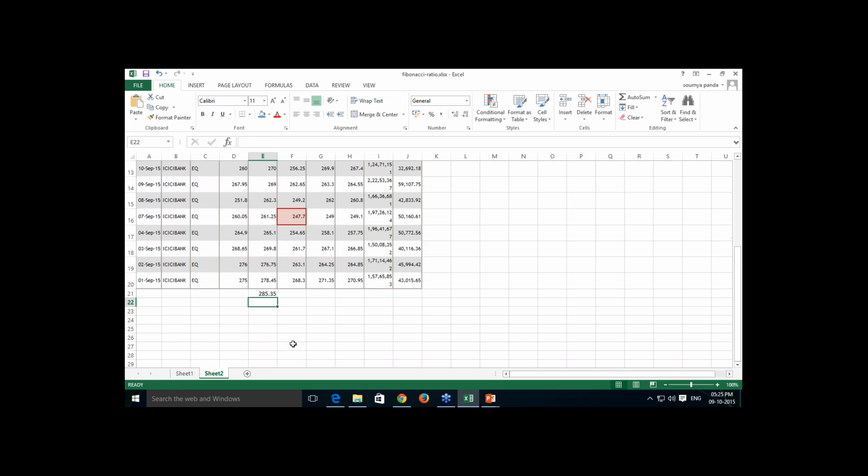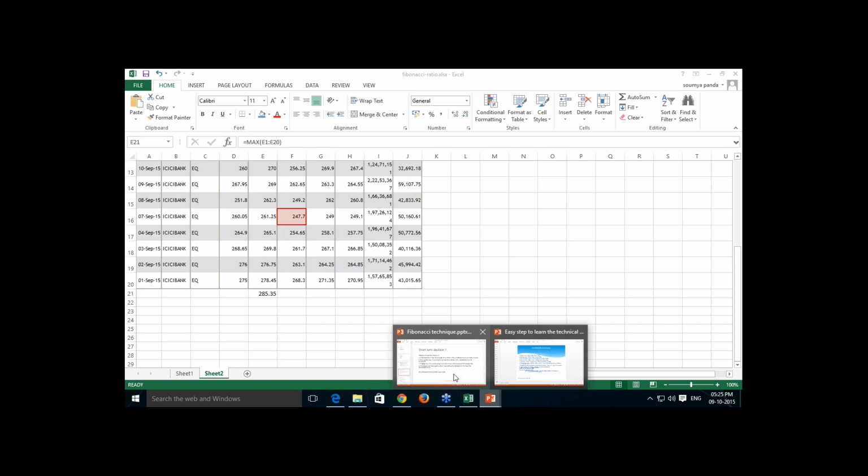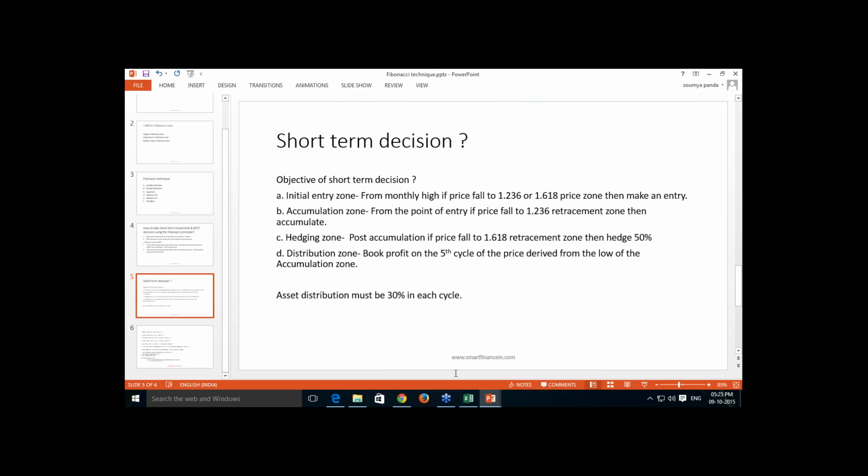From this high I have to derive my 1.236 or 1.618 retracement, as per my Fibonacci rule.